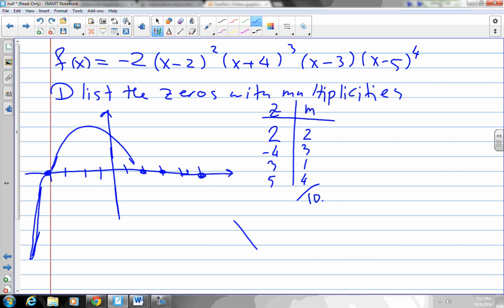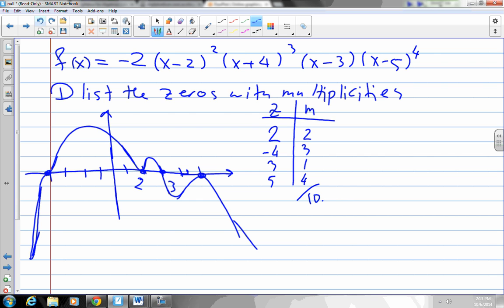Bounce off, because the multiplicity is even. Now I need to turn around and hit 3. What's going to happen at 3? Just go straight through like a linear thingy, right? Because it's linear. And I need to turn around, and now you know the end behavior. So you know it has to bounce off. So you end up down there. So that weird looking thing is the graph of that function.